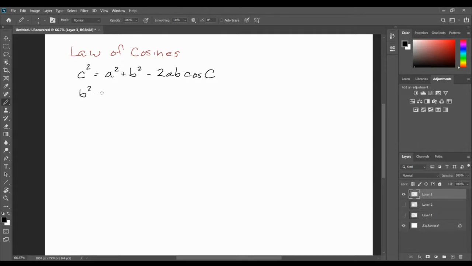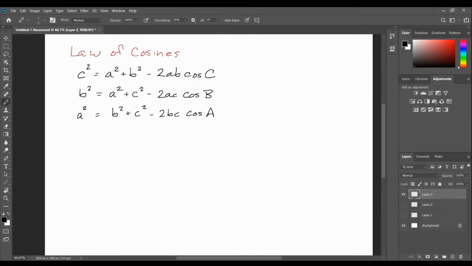We might have b squared equals a squared plus c squared minus 2ac cosine angle b, or we could have a squared equals b squared plus c squared minus 2bc cosine a.